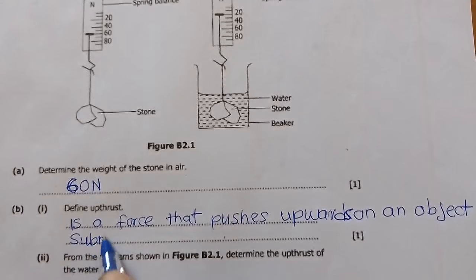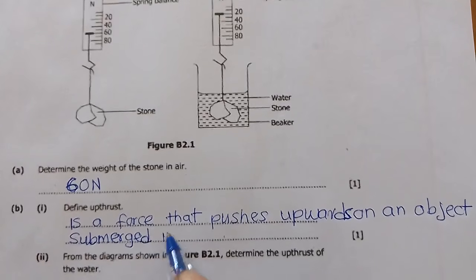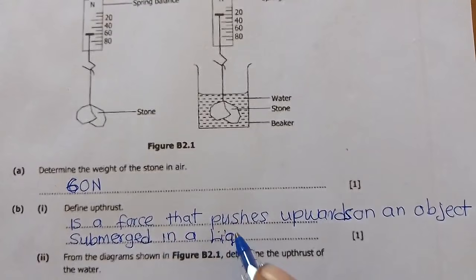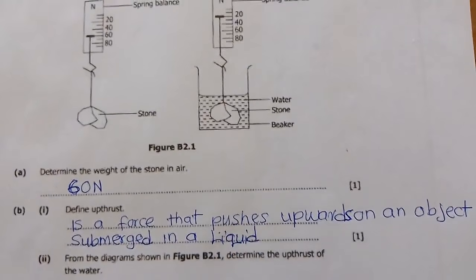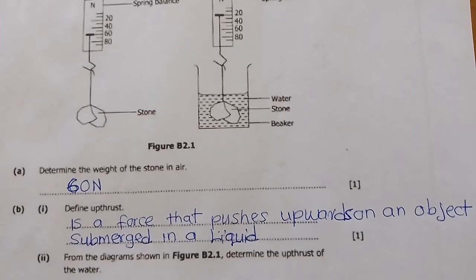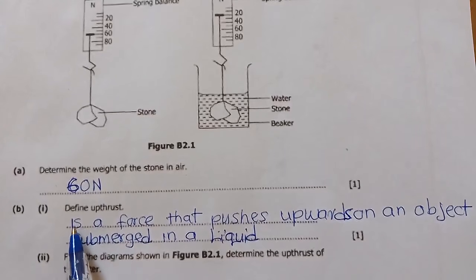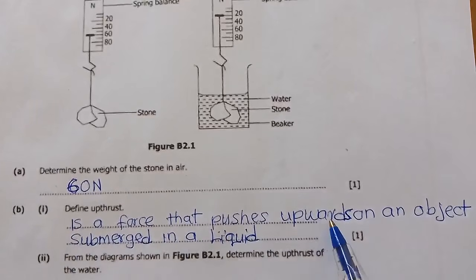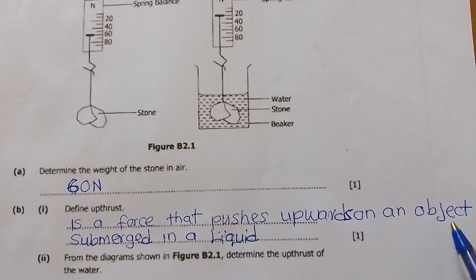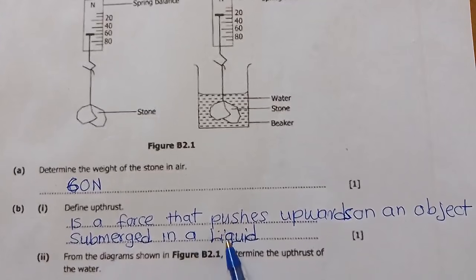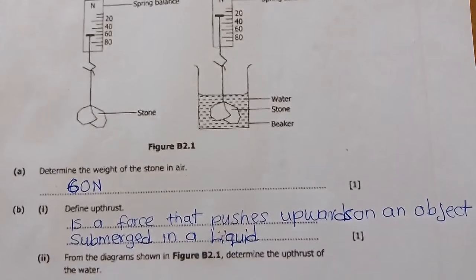This is a force that pushes upwards on an object submerged in a liquid. It can be a liquid or a fluid. So this is upthrust. Upthrust is a force that pushes upwards on an object submerged in a liquid. This is what you need to know and understand.